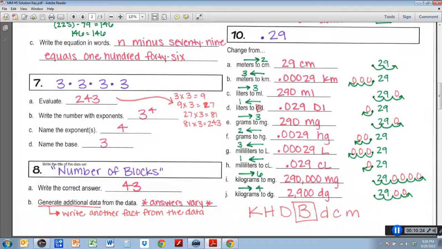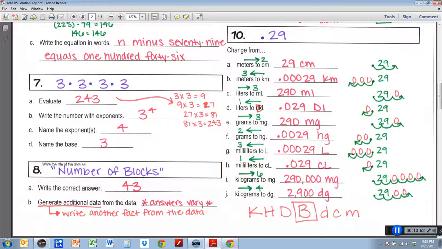Liters to milliliters. Meters is our base, remember. So we go 3 places to the right. And on our number, we go 3 places to the right. Liters to decaliters, that's DK or a capital D. We move 1 place to the left, so we're only moving 1 place to the left in our number.